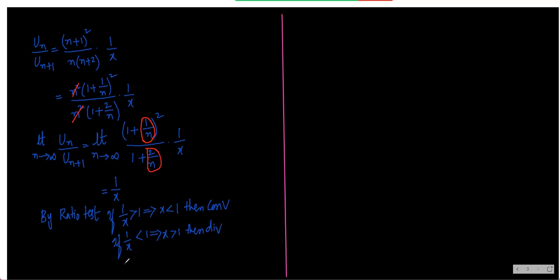And similarly, if 1 by x is equal to 1, it means x is equal to 1, then we say that the test fails. We do not entertain that; if x is equal to 1, we have to show a particular result when this situation arises.